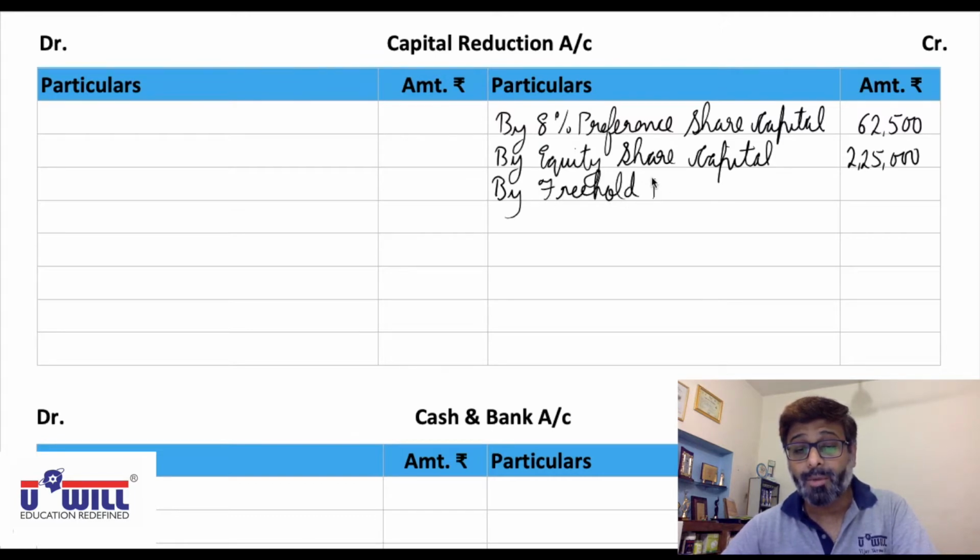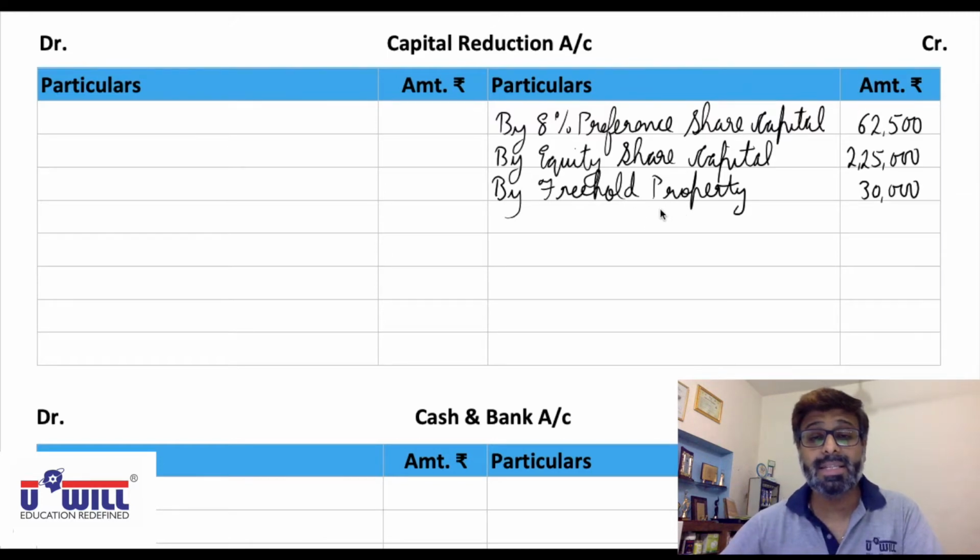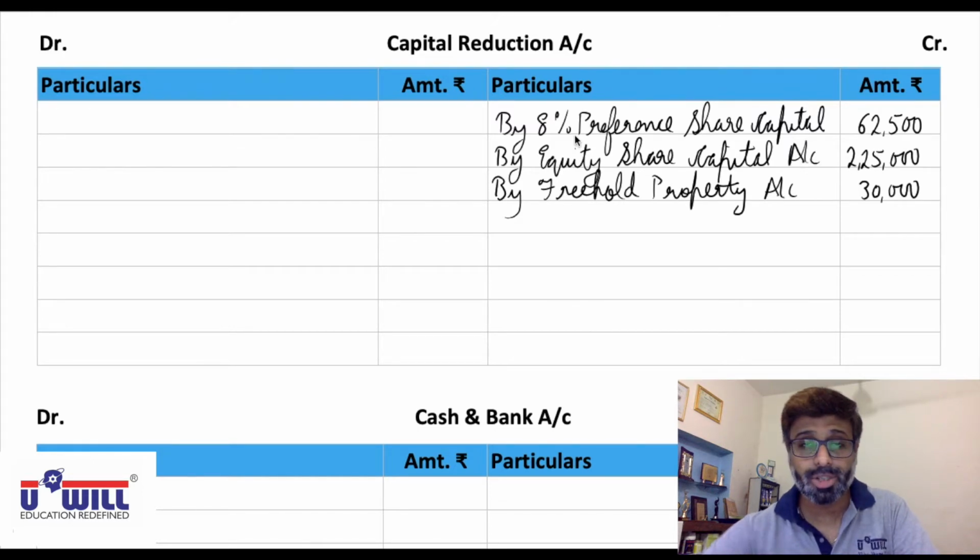By freehold property account. Okay, don't write that debentures or outstanding interest or cash in bank. The reason for this 30,000 of increase in capital reduction is freehold property. So by freehold property account 30,000. I hope everyone is clear with this portion.